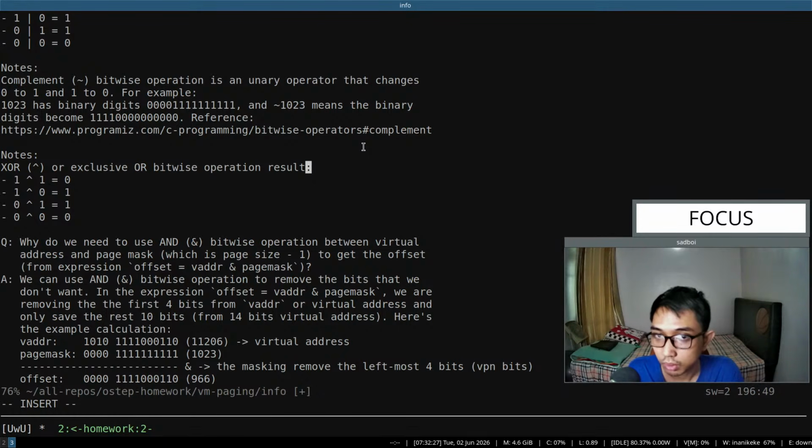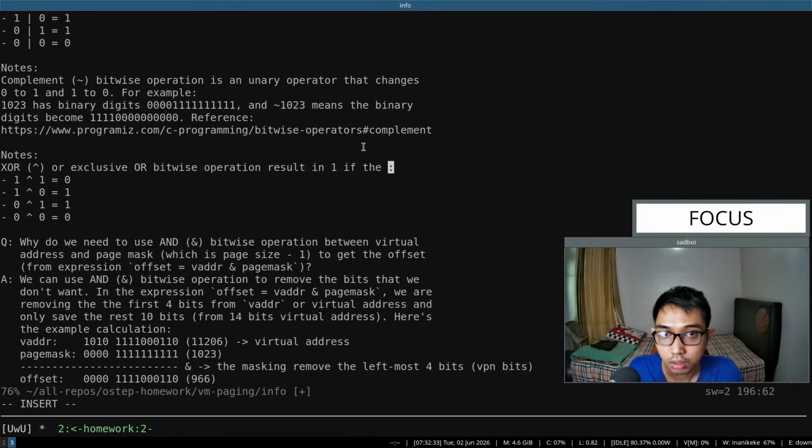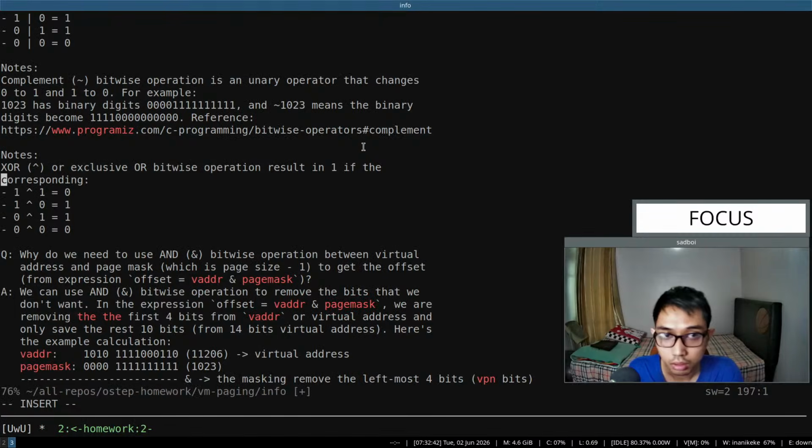XOR bitwise operation results in 1 if the corresponding bits of two operands are opposite.